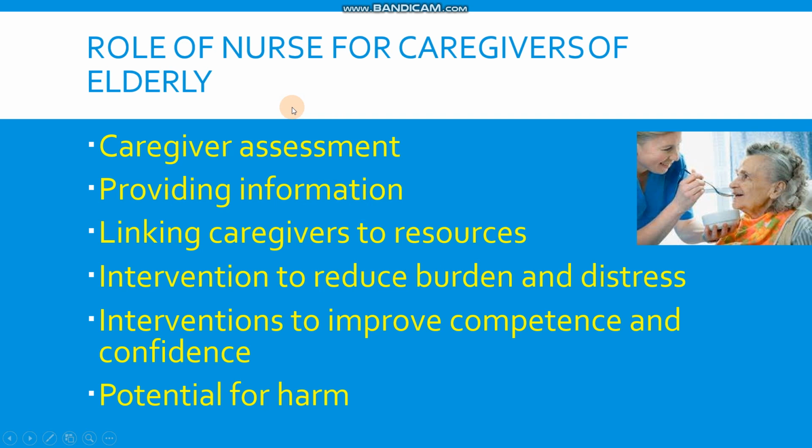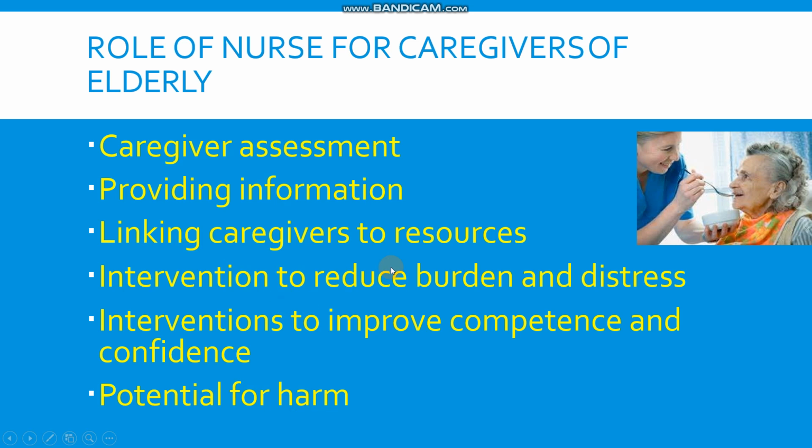So, the role of the nurse for caregivers of the elderly. As a nurse, what should we do or teach the caregivers? There are mainly six points: caregiver assessment, providing information, linking caregivers to resources, interventions to reduce burden and distress, interventions to improve competence and confidence, and potential for harm.